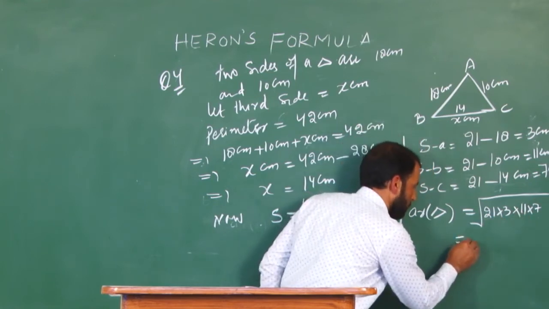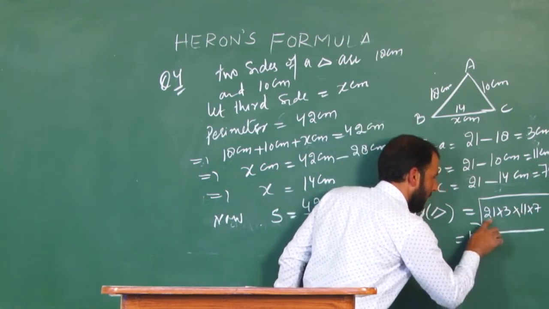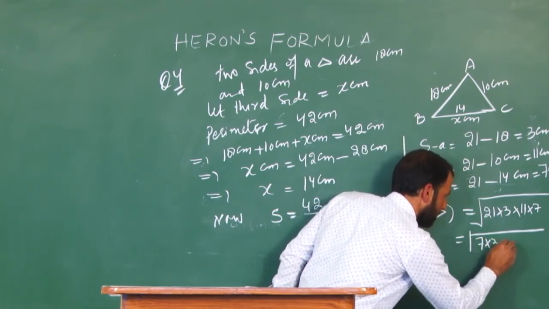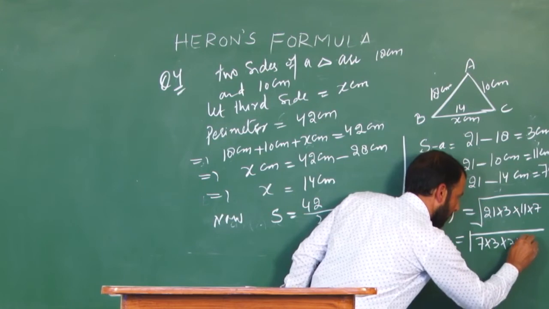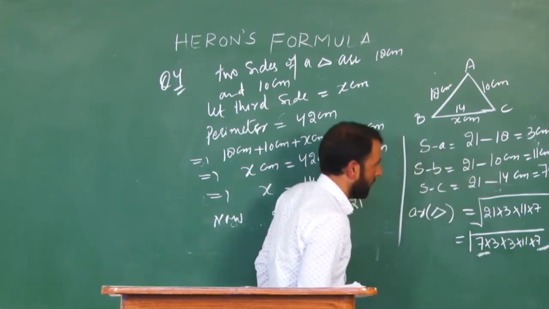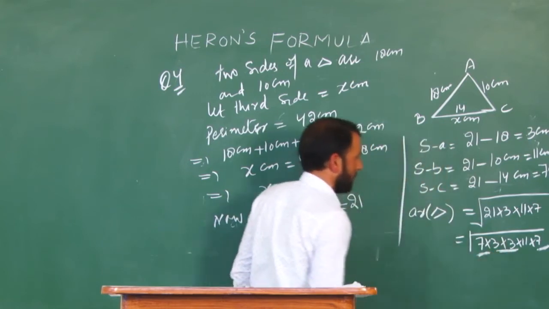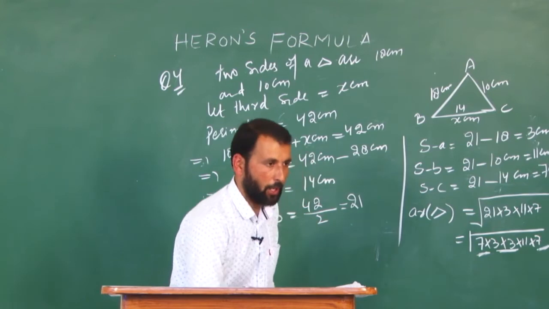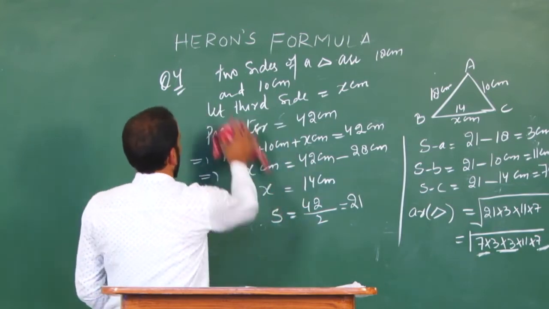We have square root of 3 into 7, that is 21, is 3 into 7 or 7 into 3, into 3 into 11 into 7. Clearly 7 and 7 are in pairs and 3 and 3 are in pairs. So we take them out from the square root and get the area of this triangle.